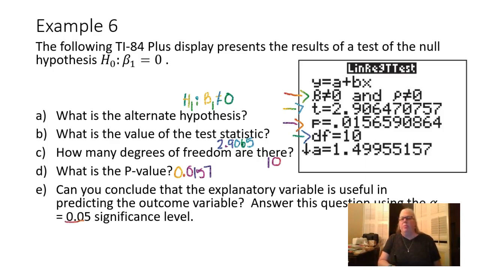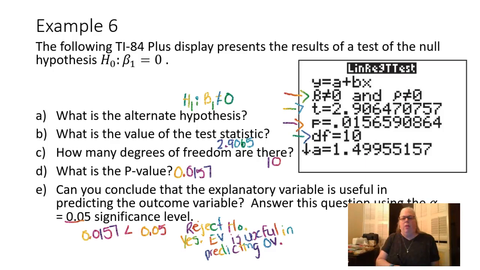Now, since they gave me a p-value here, I'm going to use our p-value method. And our p-value here is 0.0157, and that is in fact less than 0.05. So we will in fact reject the null hypothesis, and we would say that the explanatory variable is going to be useful in predicting the outcome variable.